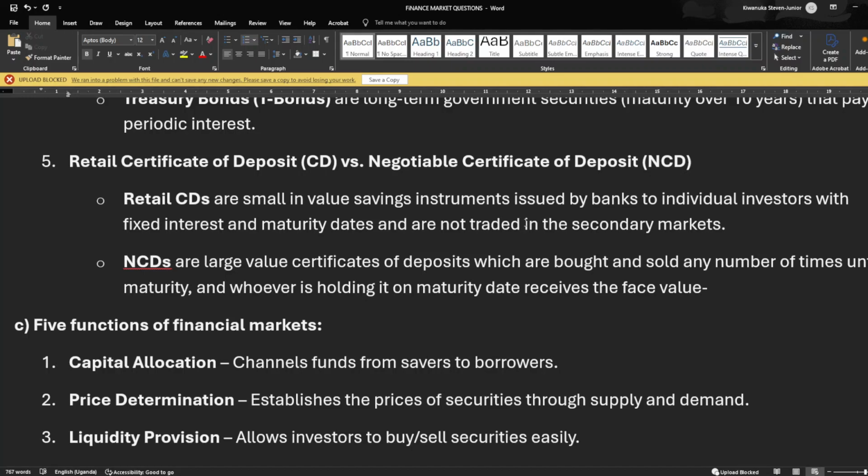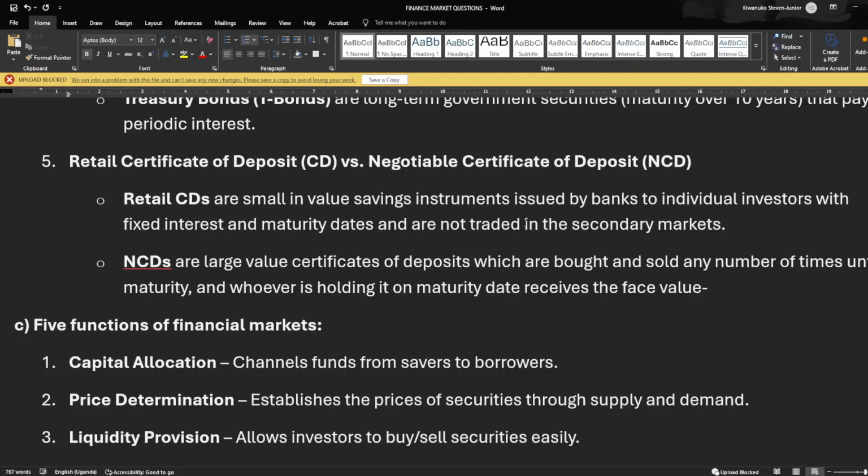Retail certificates of deposit are small-value saving instruments issued by the banks to individual investors with fixed interest rates and maturity dates, and they are not traded in the secondary market.